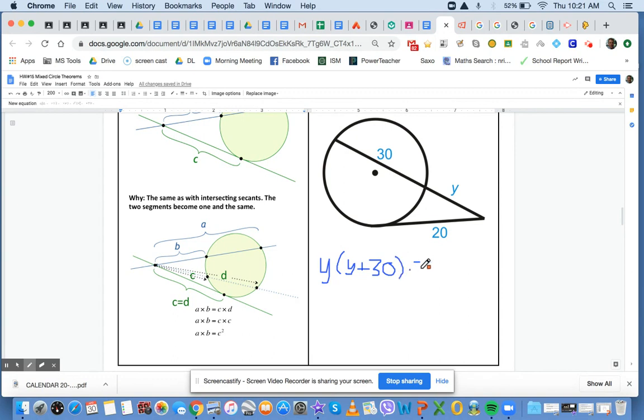It is equal to, and then we're going to square this side, 400. Okay. So I'll let you work that one out. You're going to get two roots, the easy ones, and you need to rule out, obviously, the negative one because you can't have a negative length.